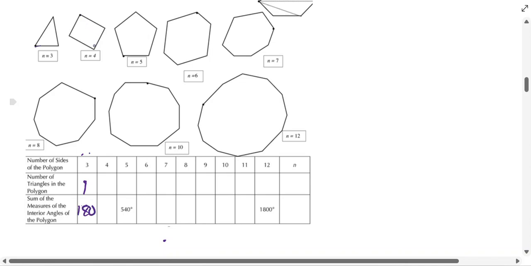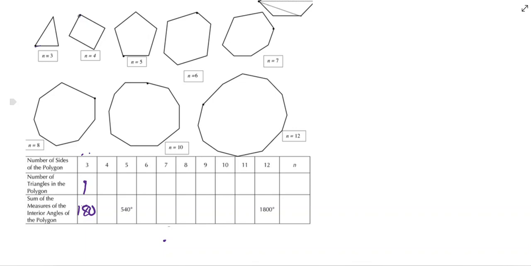If I have 4 sides, and I draw one diagonal that goes the opposite, I can't draw to any of the other vertices or angles here because they are the sides. So I have formed 2 triangles. So if I have 4 sides, I have 2 triangles, and the sum of the measures of the interior angles would be 180 plus 180, which is 360.